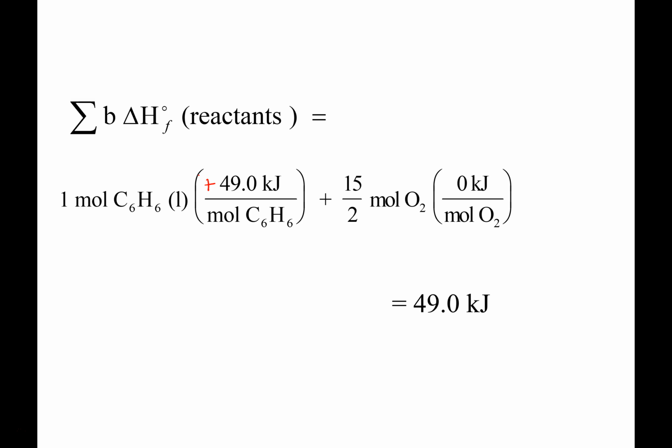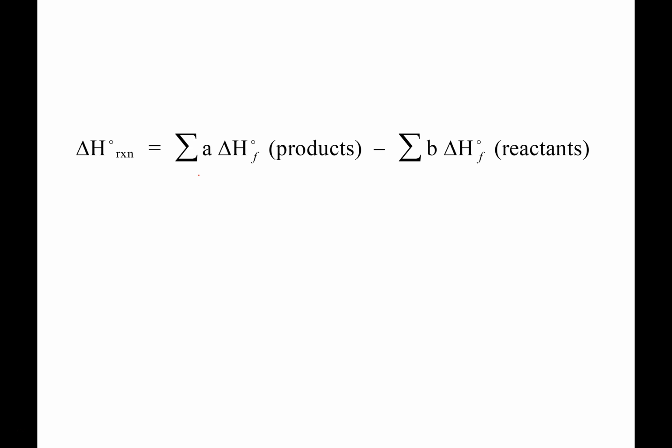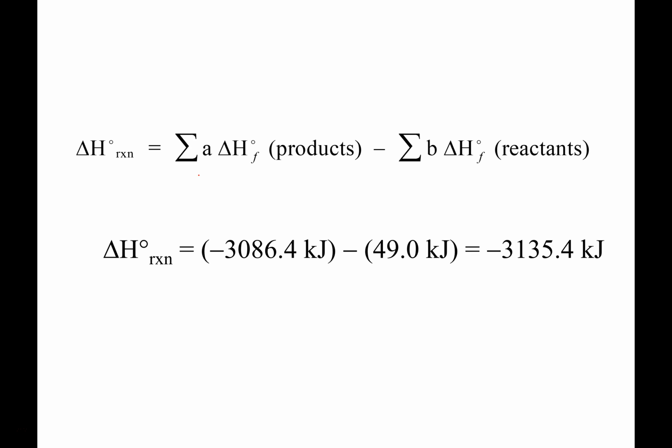So here's where I said stay organized. Sometimes students like to just string it all up. I wouldn't, because it's easy to get your sign wrong. Because now we're going to take the product minus the reactant, so it looks like this. It's that negative 3,086.4 kilojoules minus a positive 49.0 kilojoules of energy.